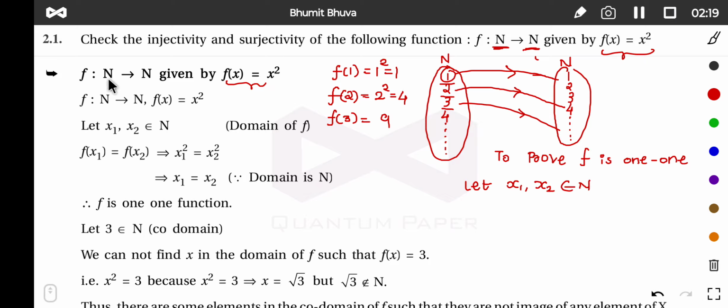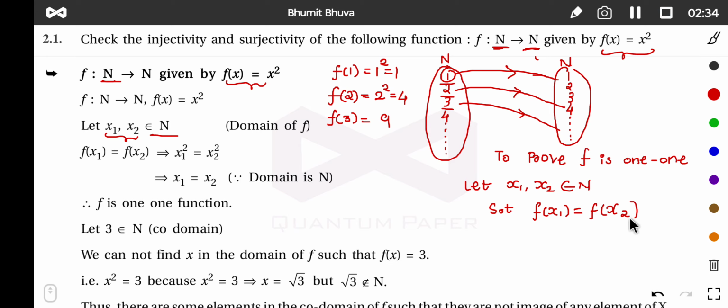As our domain here is the natural numbers, we have taken two elements x1 and x2 from the natural numbers, such that if f of x1 is equal to f of x2, this is another way of saying if the images are equal, then the elements must also be equal.